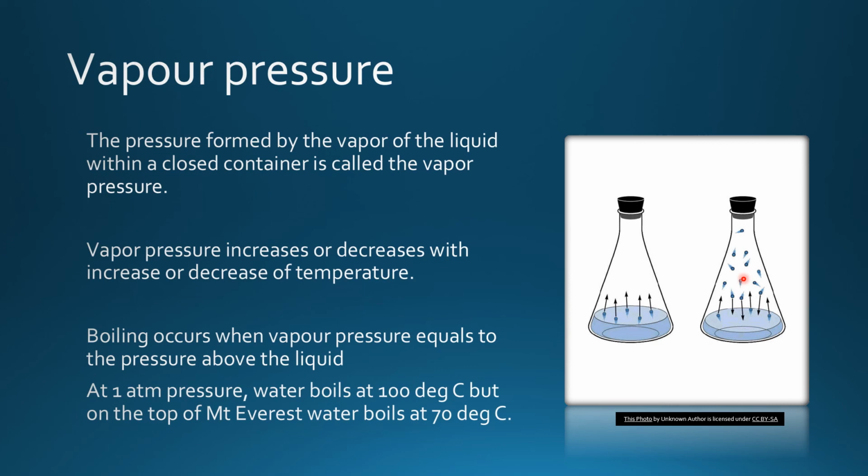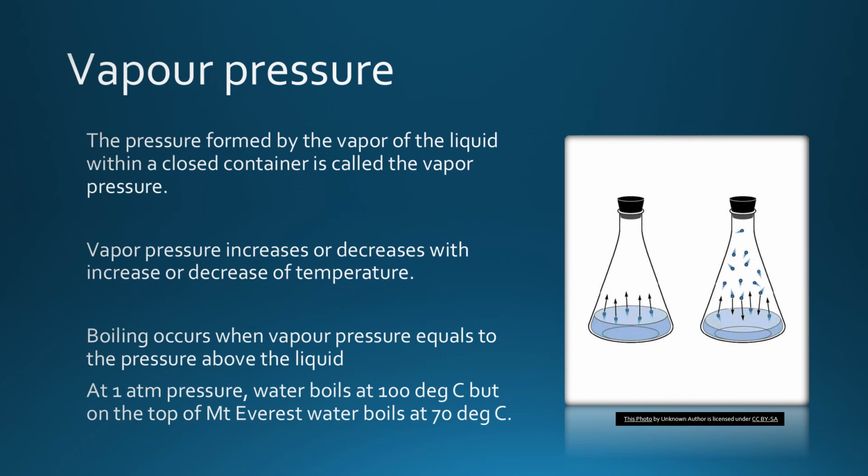So vapor pressure increases or decreases with the increase or decrease of temperature. Now this vapor pressure is also related to boiling. What is boiling? Boiling basically is the liquid trying to become vapor, and boiling occurs when the vapor pressure equals the pressure above the liquid.